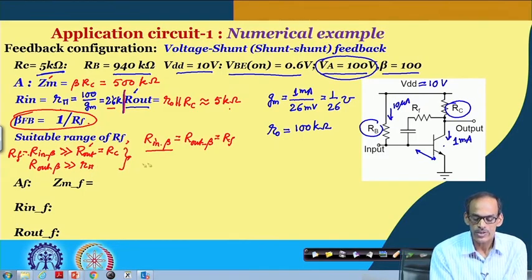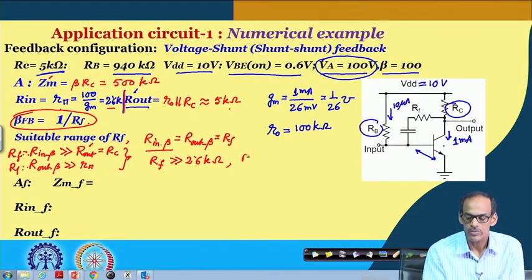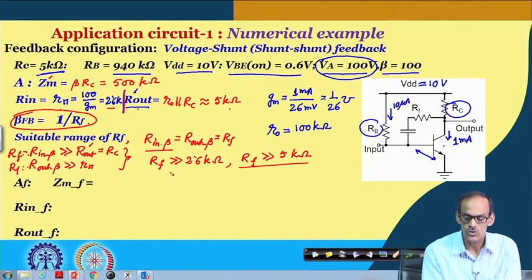So, combining these two, and this is also R F, we can say R F should be much higher than R pi, which is 2.6 k, and also much higher than this R out dashed, which is 5 k. Now, this is defining the lower limit.